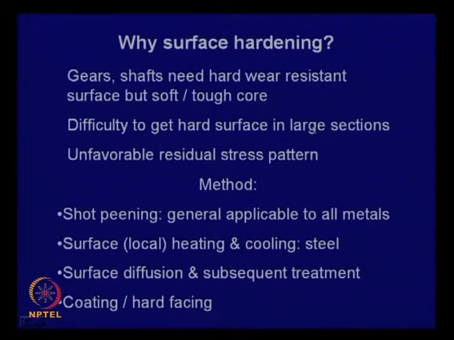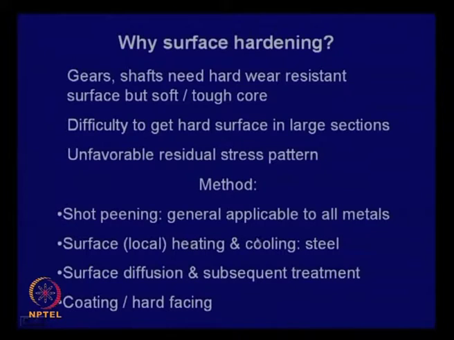Along with it there will be superimposed transformation stress, and that can result in cracking because of thermal shock as well as transformation stresses, and you get an unfavorable residual stress pattern if you try to harden such thick components.